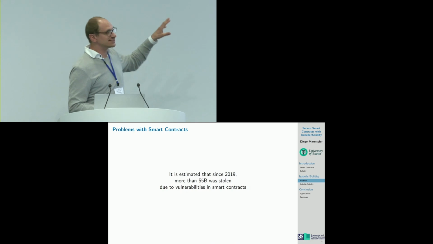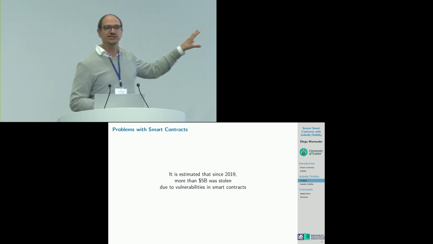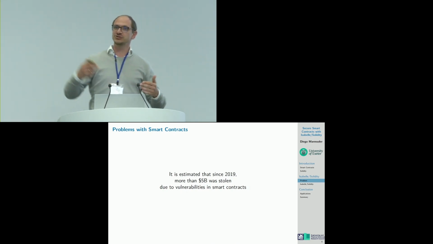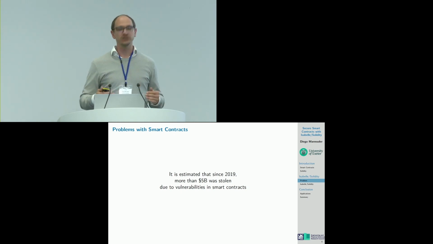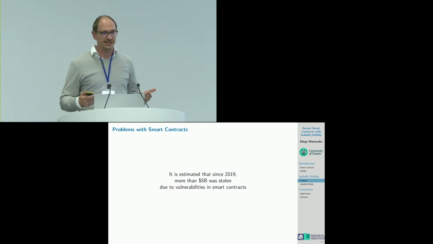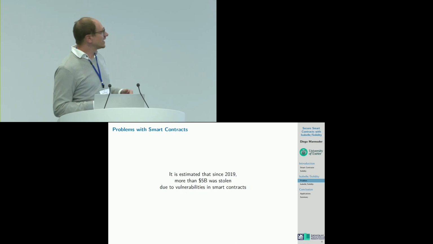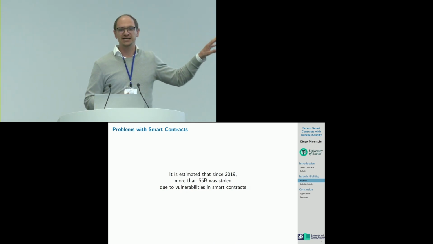Now, what makes this particularly bad in the context of smart contracts is that, as I told you at the beginning, smart contracts are often used to automate financial transactions, and therefore exploiting these bugs usually results in very high economic losses. And there are many examples from the past where this happened.